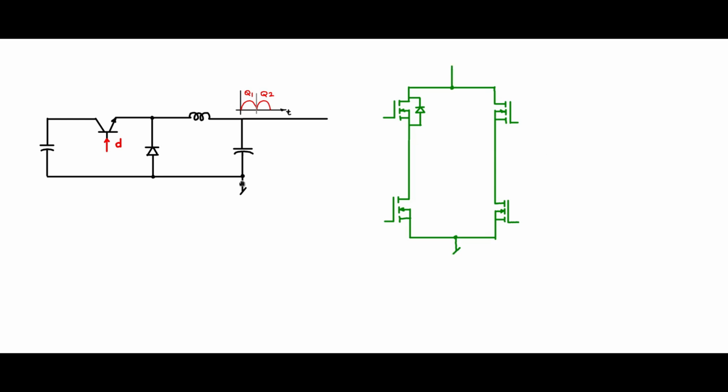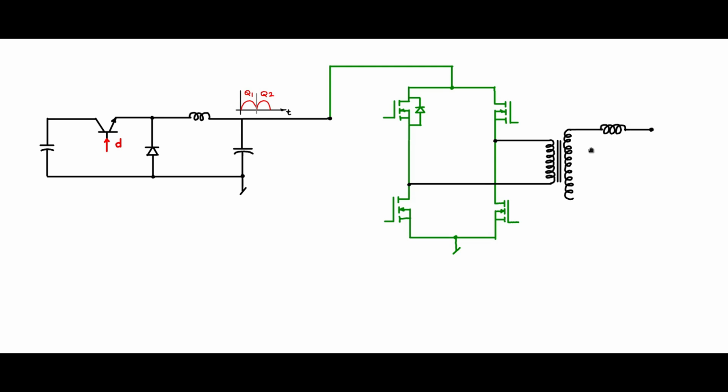This is connected to ground, this point, and this center point of this one is connected to this point, which is actually getting the full wave rectified sine power signals. So I will connect it like that, and then at the center of the bridge I will connect a transformer like this, and the secondary of the transformer goes through an inductor and then to the line and neutral of the grid.